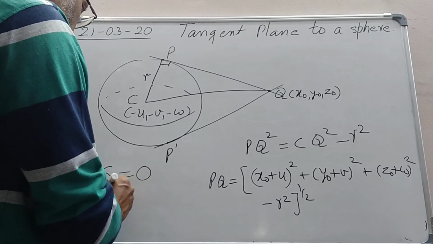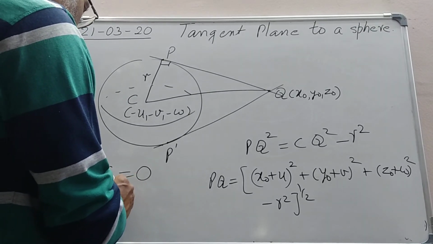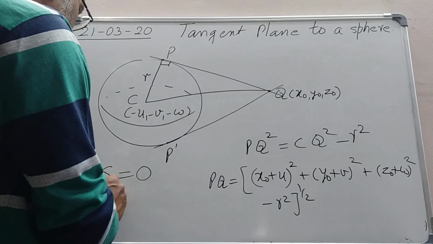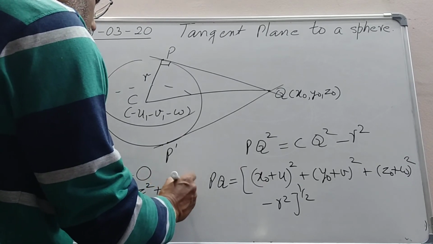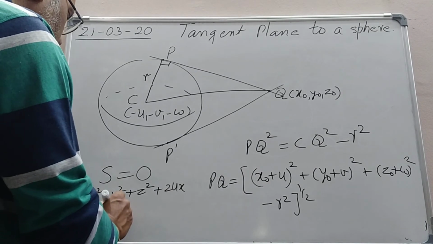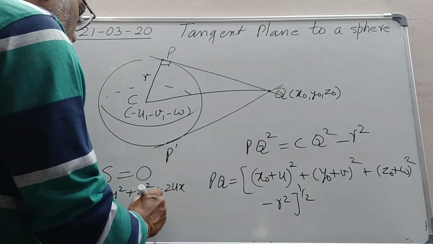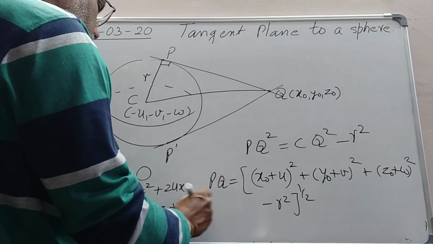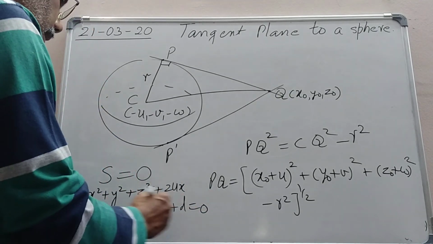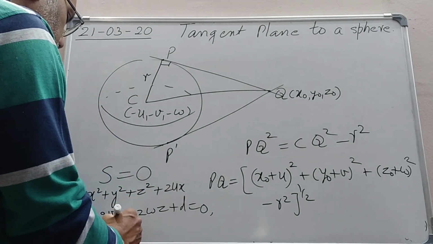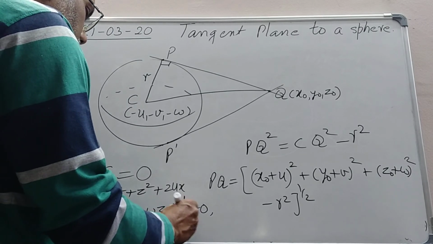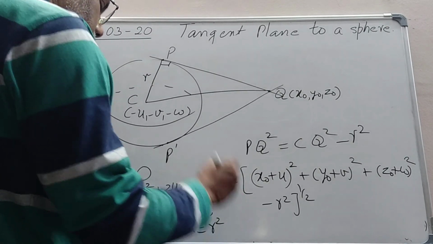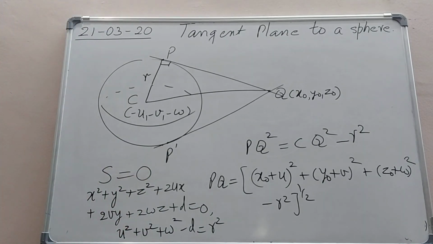S equal to 0 is the equation x square plus y square plus z square plus 2ux plus 2vy plus 2wz plus d equal to 0, and u square plus v square plus w square minus d is r square. All right.